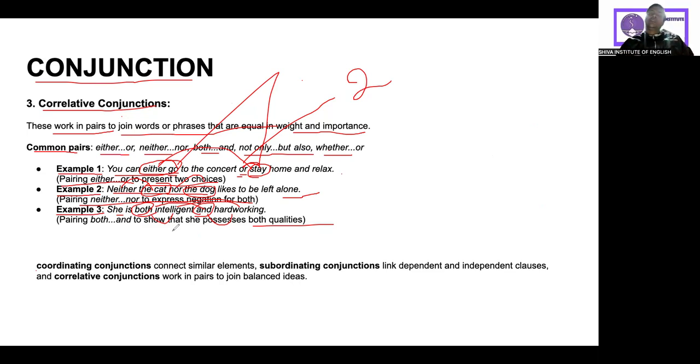Neither can also be used before a verb, a phrase, or a clause. Sometimes these pairs can be used before whole sentences, like: neither did he come to my house, nor did he tell me anything about it. In that case, it begins before the sentence to point out two different sentences, right? Did you understand? Yes, sir.